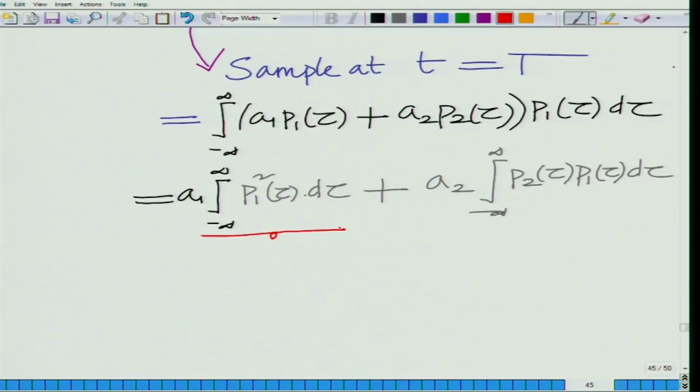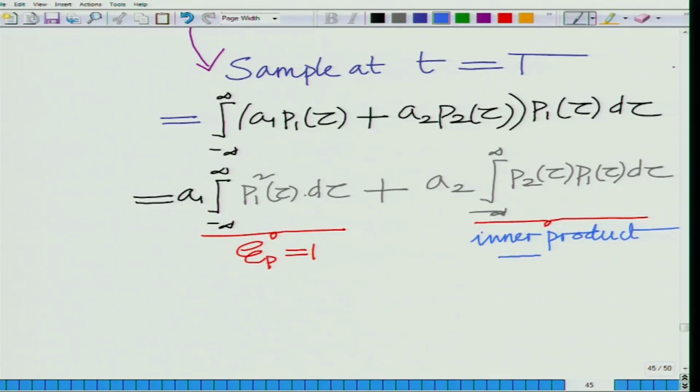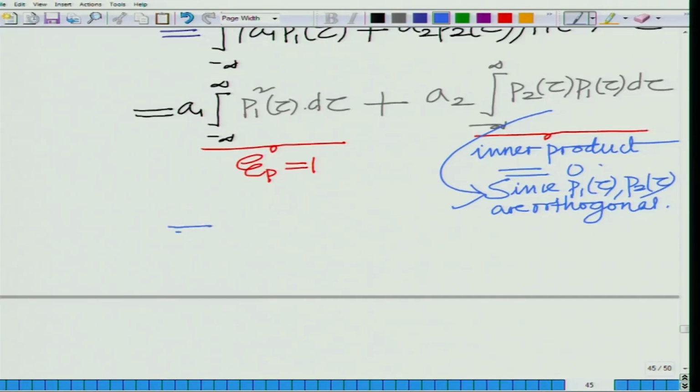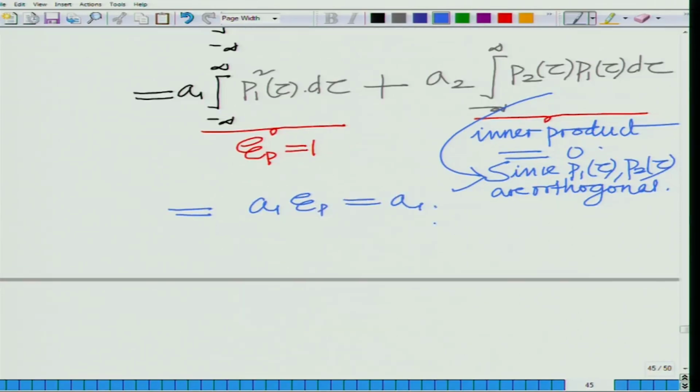Now, the integral of P1 square d tau is nothing but EP, which is equal to 1, and this other integral is the inner product of P1 and P2, which is equal to 0, because P1 and P2 are orthogonal, and we have seen this many times before. So, this is equal to A1 times EP, which equals A1.